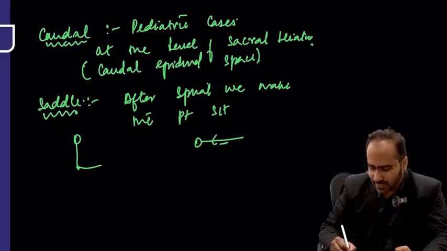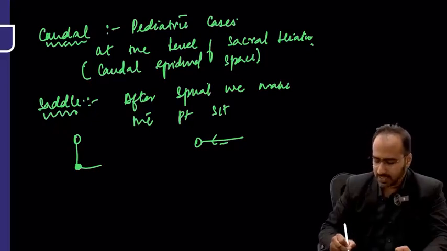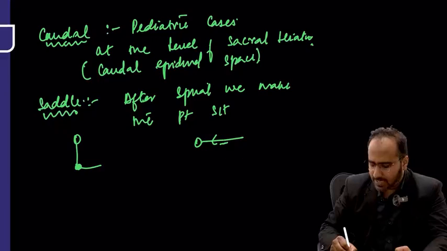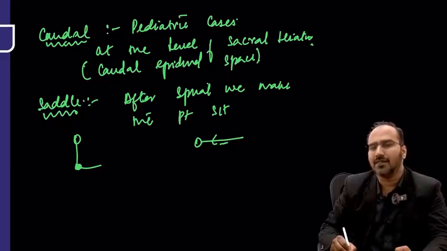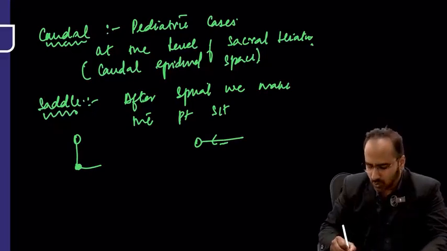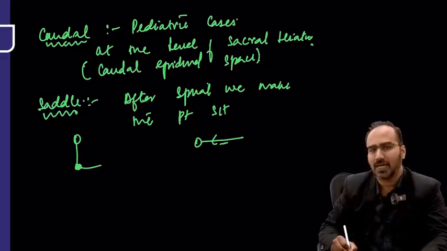What will happen? The drug that you have given in the L3, L4 space will accumulate in this area and will have a good concentrated block in this area only. It leaves the other parts intact, not affecting them. Only this area is made numb.